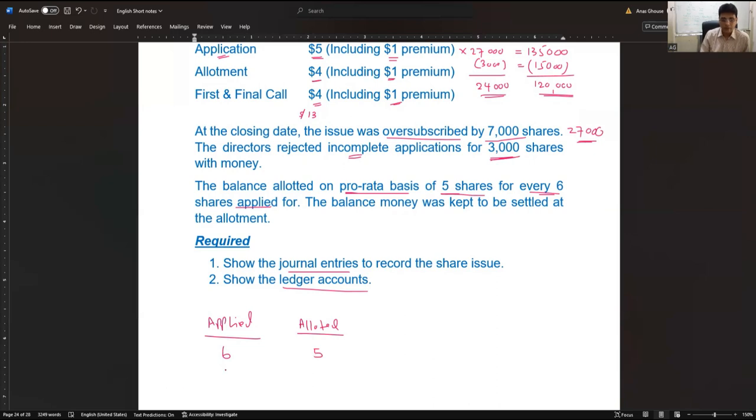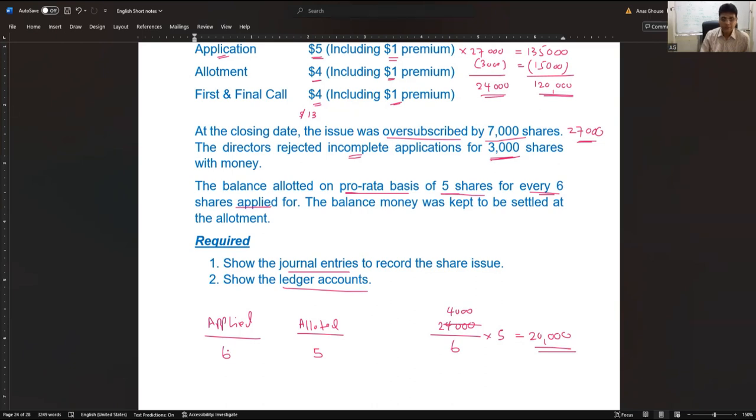So out of 24,000 shares received, those who have applied for 6 shares were given 5 shares. So the total number of shares allotted will be 24,000 divided by 6, which is 4,000, times 5, which will be 20,000.